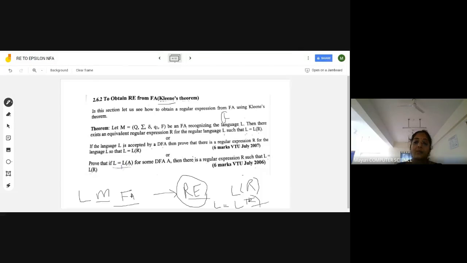So the regular language is the language which is acceptable by your DFA, NFA, and epsilon NFA. So I can equate the language accepted by my finite automata and the language which I have written for the regular expression, since I can convert my machine into the regular expression, right? So this is the question.